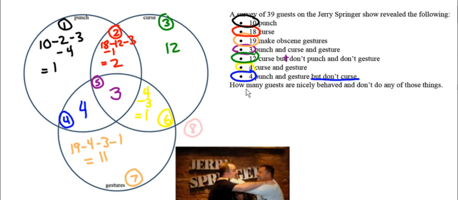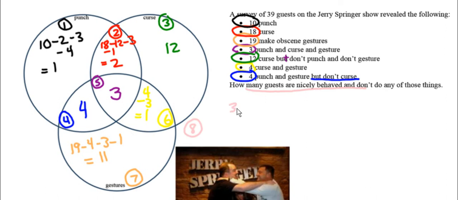So the question is asking how many guests are nicely behaved and don't do any of those things. So that's question 8, or section 8. We know that there's 39 guests in total. If we take away all of these numbers, which are all numbers of people that are doing bad things, we will be left with the people that are nicely behaved.